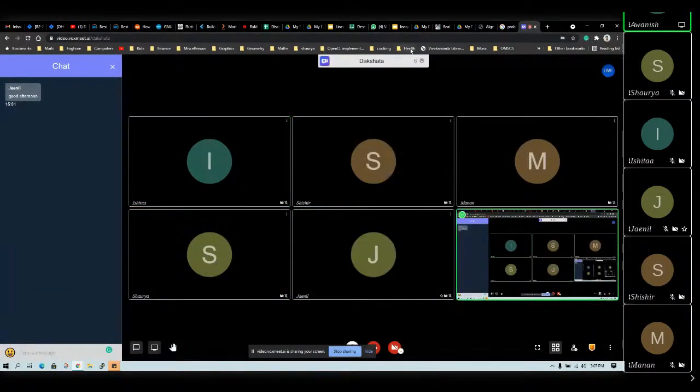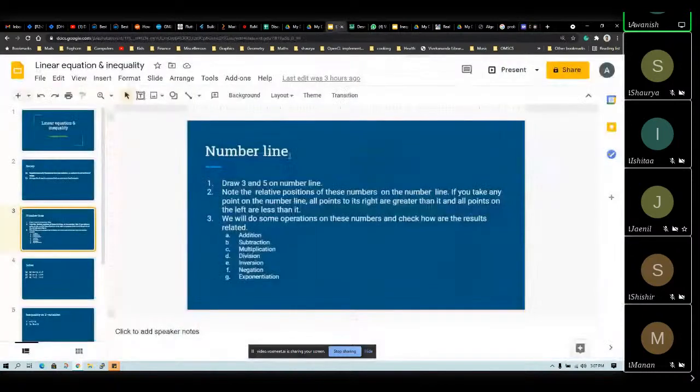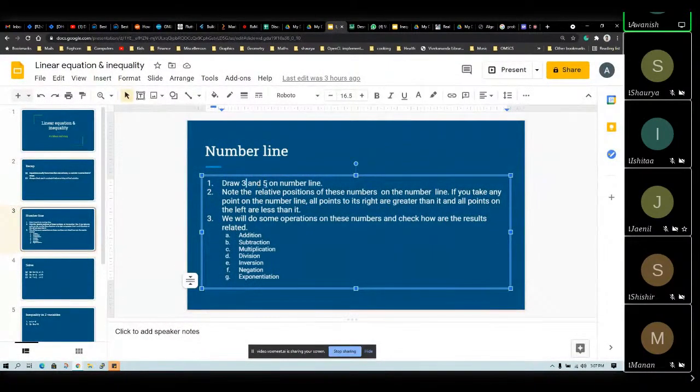Okay, so let's draw 3 and 5 on a number line. Create a number line and draw 3 and 5 on it.